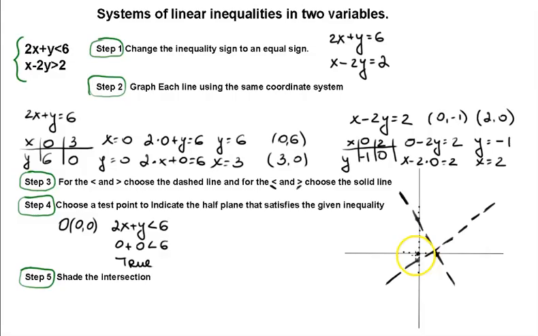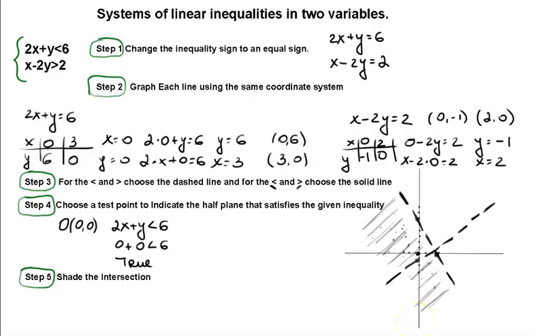If 0, 0 satisfies the inequality, then all the points on the same side of the line will satisfy the inequality. So I will be shading this half plane. All of those points on this side of the line will satisfy the inequality.